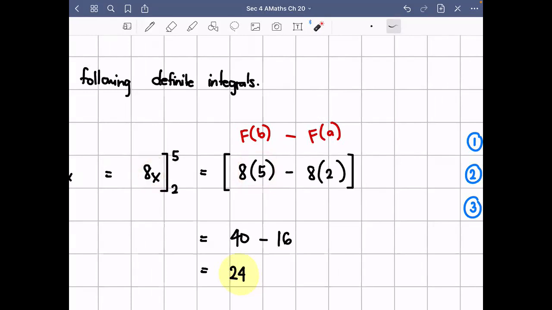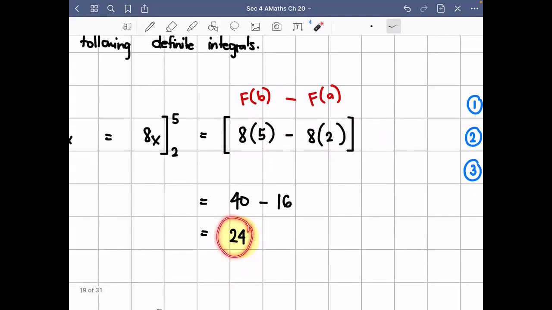This is now 8 times 5, where 5 came from substituting for x, and then minus 8x with your lower limit, which is 2. Answering this, your answer is 24.